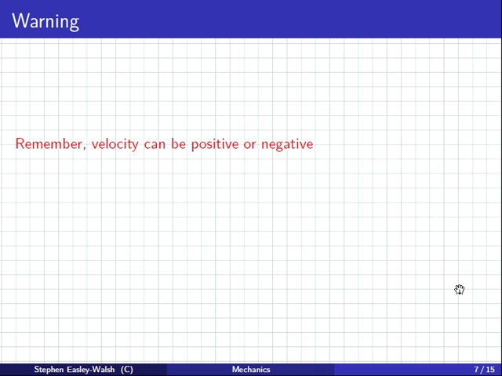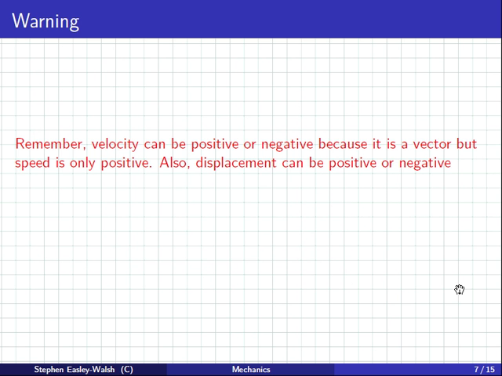So, remember, velocity can be positive or negative because it's a vector. But speed is only positive. Also, displacement can be positive or negative because it's a position. But what do you think we want to say next? Distance. Distance can only be positive.